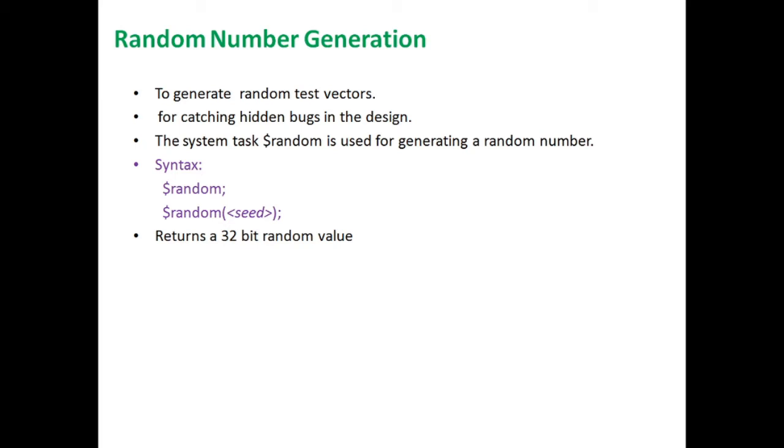But if I take $random with a seed, like $random of 5, that means seed is equal to 5, then every time the test is run, I get the same random number generated, like 12, 12, 12, any number of times.